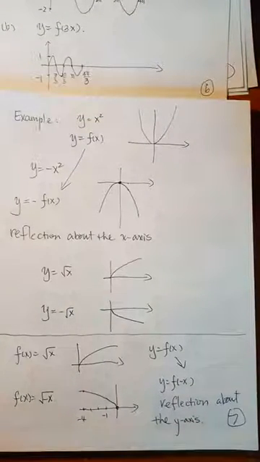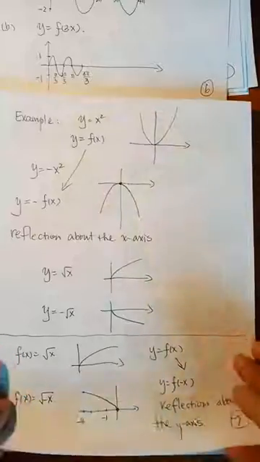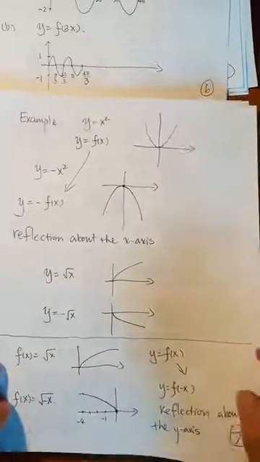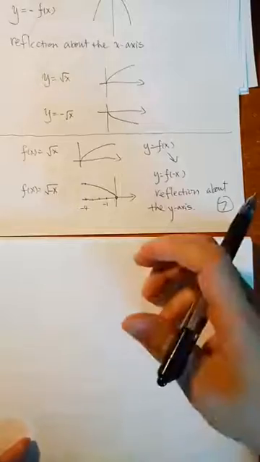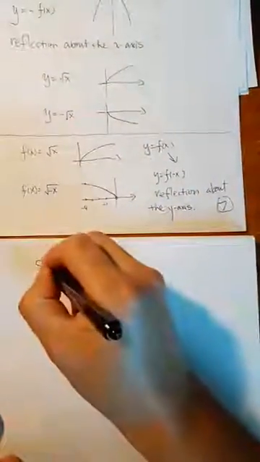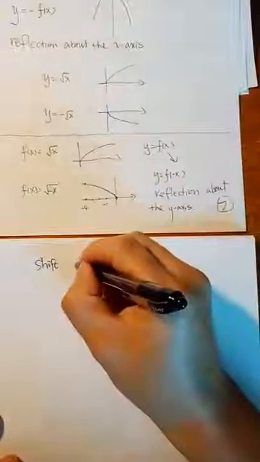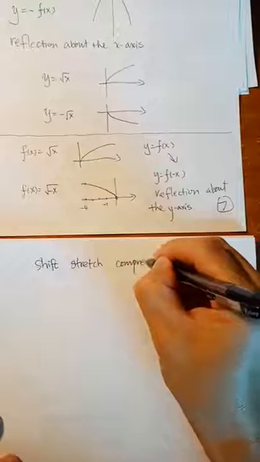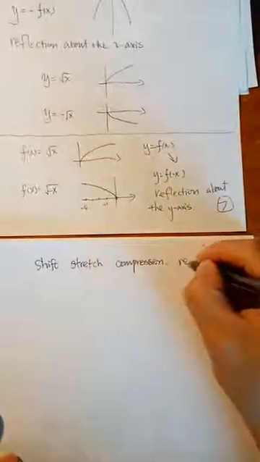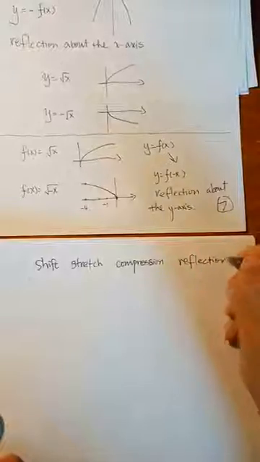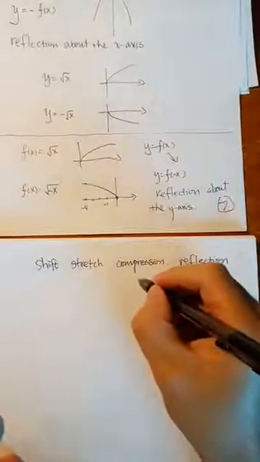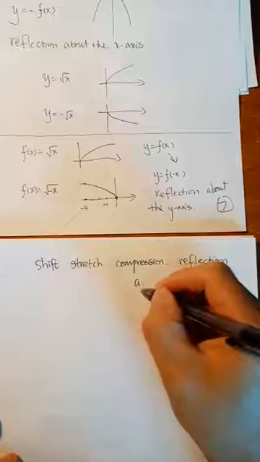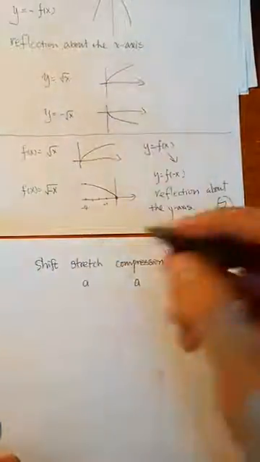Okay, so there is a complete summary about this transformation. All these things are called transformations: shift, stretch, compression, and reflection. Reflection is with a negative sign. Compression is with a coefficient smaller than 1. Stretch is also with the coefficient a.